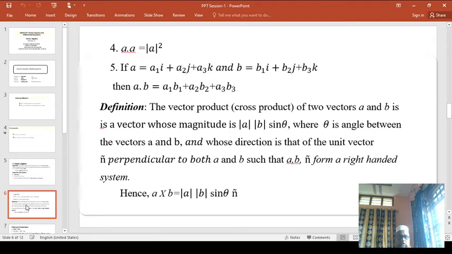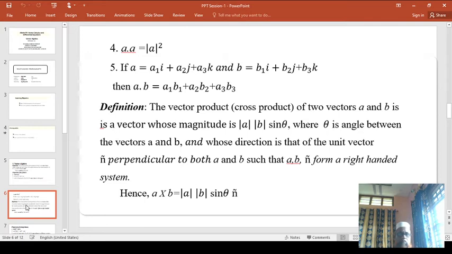Next definition, the vector product or cross product of two vectors a and b is a vector whose magnitude is mod a mod b sin theta, where theta is the angle between the vectors a and b, and whose direction is that of unit vector n perpendicular to both a and b, such that a, b and n form a right-handed system.